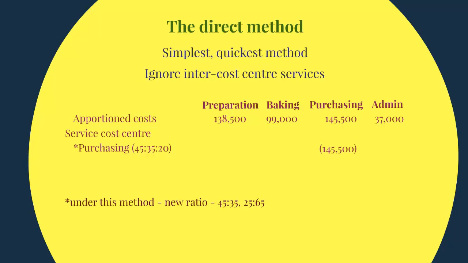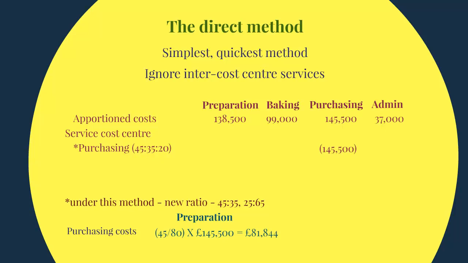And again, for the admin one, we will only use the 25 and 65, ignoring that 10% that the admin department does for the purchasing department. But of course, we now need to work out the new percentages. So we now use 45% over 80 rather than over 100. And so we divide 45 by 80 and times it by 145,500 to give us 81,844.